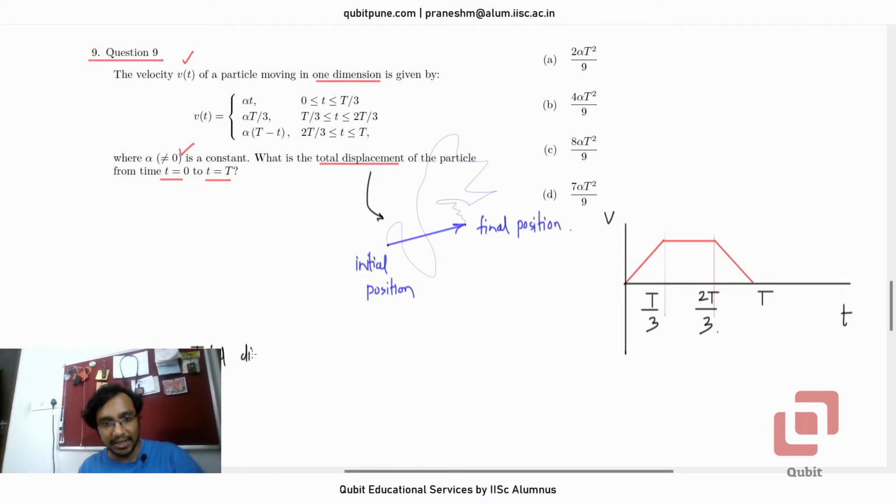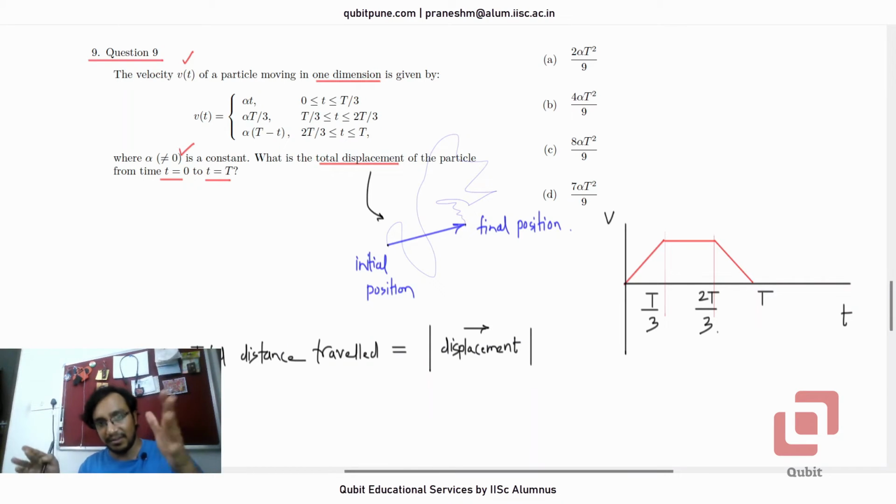Usually that is not the case. Total distance traveled is actually equal to the magnitude of the displacement if and only if the particle never reverses its direction.